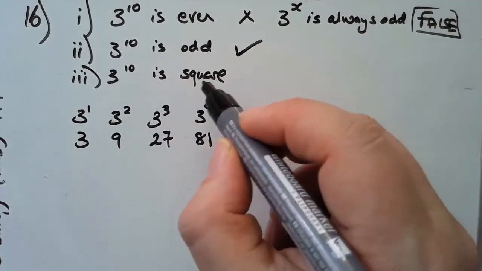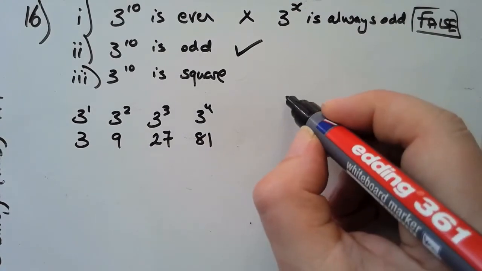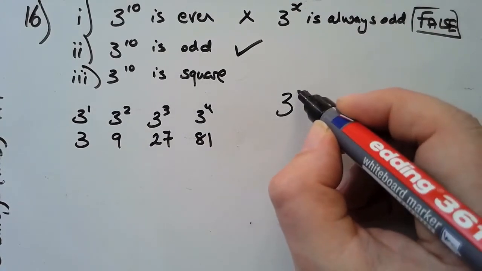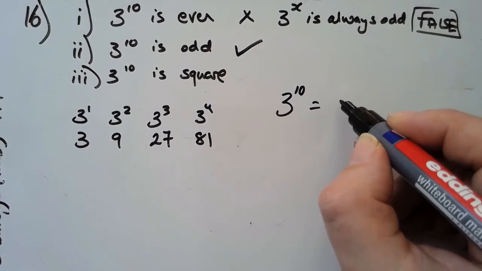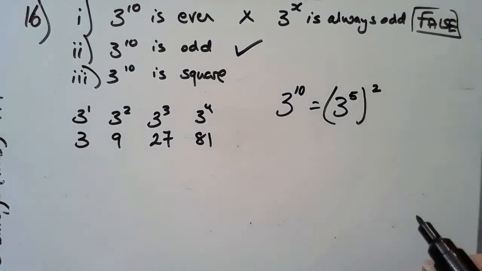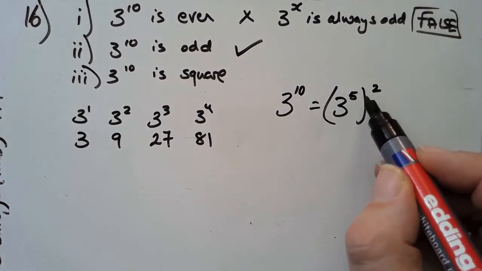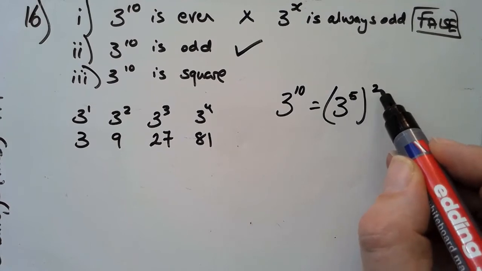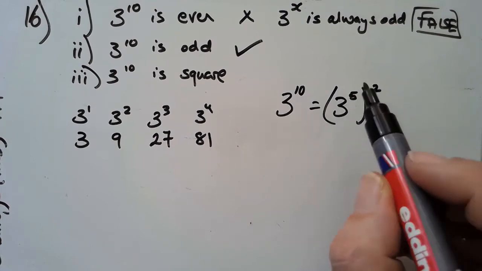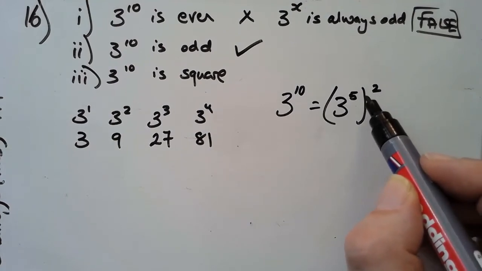What we are doing with 3 to the power 10 is saying that it is the same as 3 to the power 5 squared. Our index laws say that we multiply these two numbers, so to get to 10, we can multiply 5 and 2.